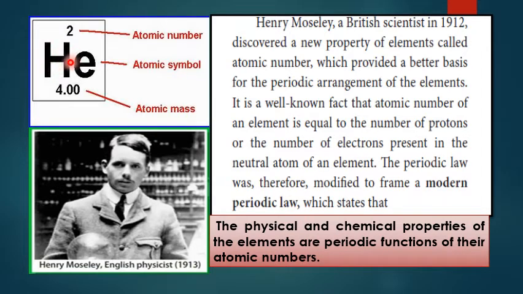See, helium, symbol He. Above the symbol is the atomic number; for helium the atomic number is 2. Below this is the symbol's atomic mass number; for helium the atomic mass number is 4.